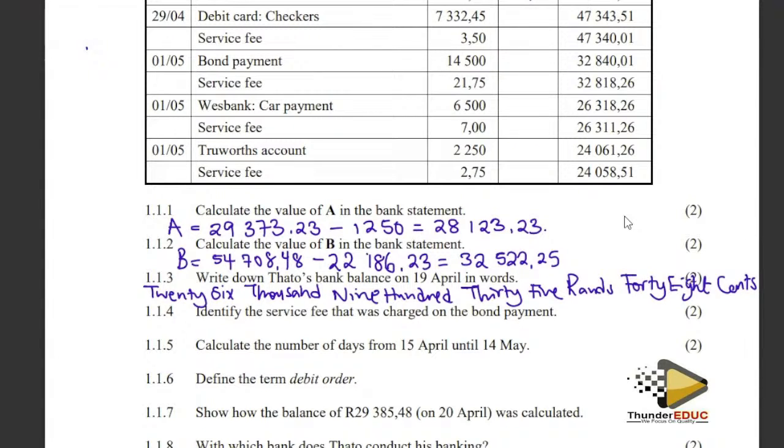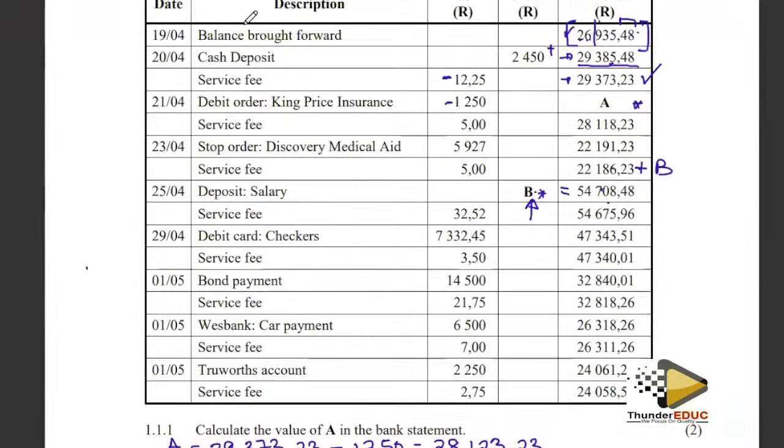Okay. Identify the service fee that was charged on the bond payment. When we come here, we look at the bond payment. Is there any bond payment here? You go through this. The bond payment. Okay. Sometimes they give you the date, but here they never give you the date. So the bond payment was on the 1st.